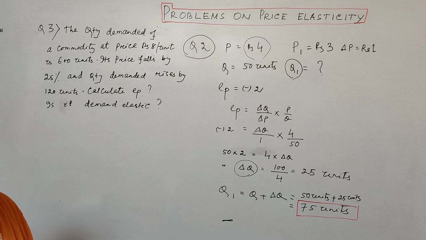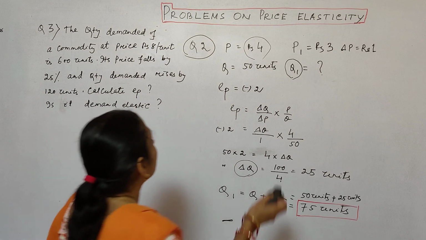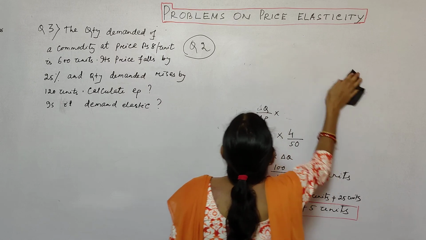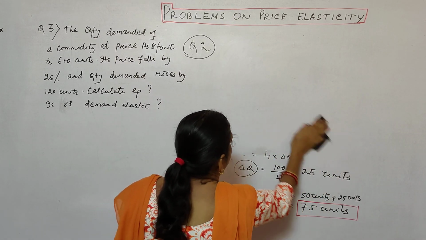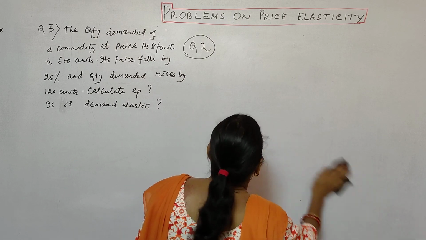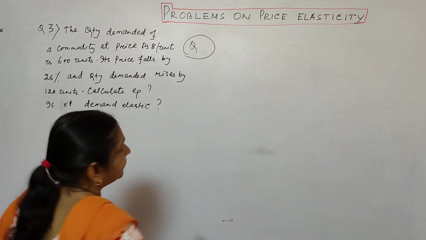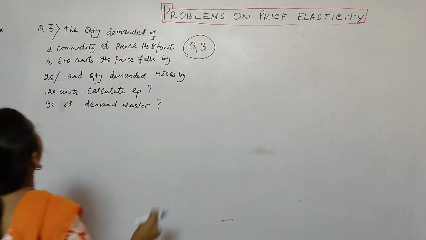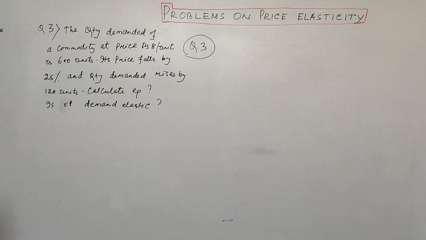So friends, the question is like this. The quantity demanded of a commodity at price rupees 8 per unit is 600 units.